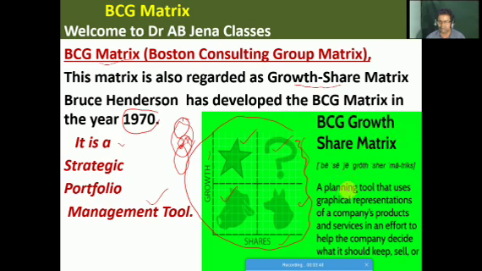The BCG growth share matrix is a planning tool that uses a graphical representation of a company's products and services, in an effort to help the company decide what it should keep, sell, or invest more in within the product portfolio, the product lines.